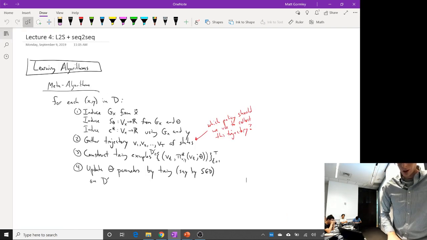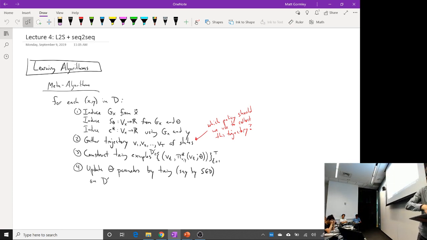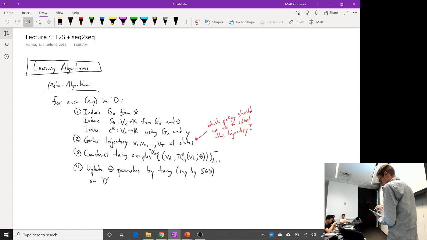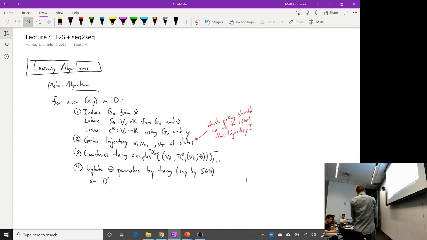You'll recall that in this meta-algorithm, we said that we have some training data set, and it's going to consist of XY pairs in the data set B. And the first step of the learning algorithm is going to be to induce our graph from X. And then we're going to come up with some scoring function, like that linear model, that maps from particular states in our search space to scores.